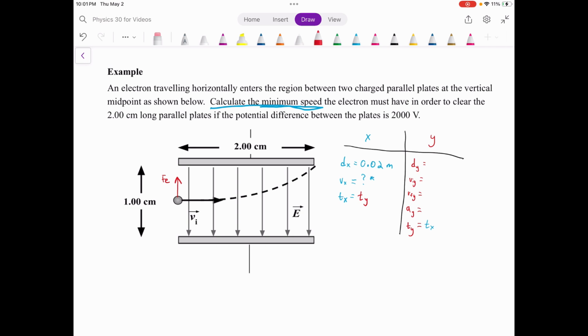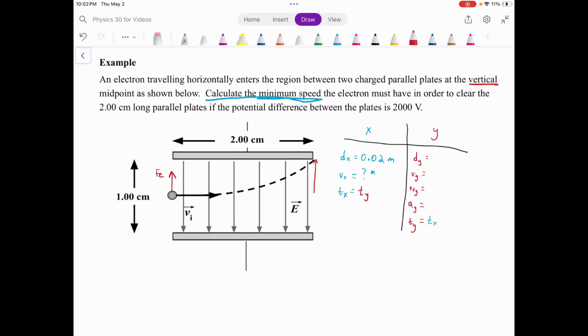What vertical displacement does it need to move through? Well, it's going to go like that, right? That's the vertical displacement it will move through. How far is that? Careful, it's not quite 1 centimeter. It's not traveling 1 centimeter up. It tells us it's at the vertical midpoint, meaning it's halfway between this plate and this plate.